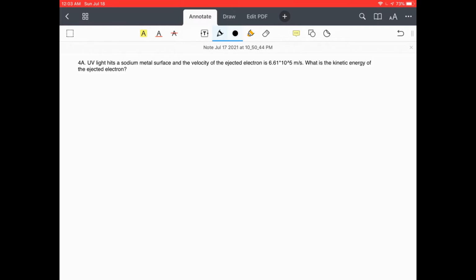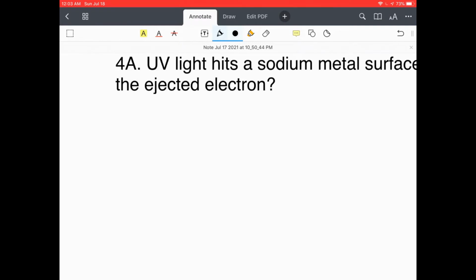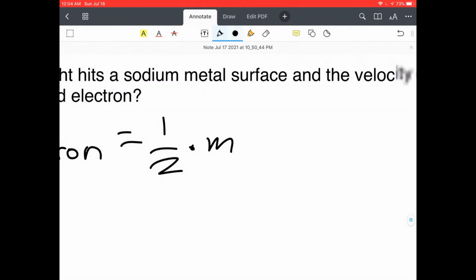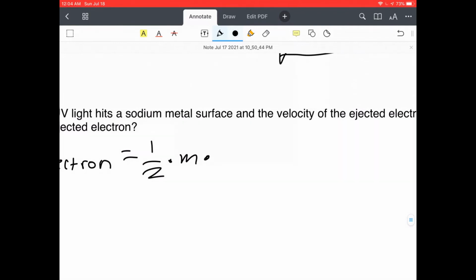Alright, so this question is pretty straightforward. It's asking us to basically know what the formula for kinetic energy is. And so that is the kinetic energy of the electron is equal to 1/2 times the mass of the electron times the velocity squared of the electron.